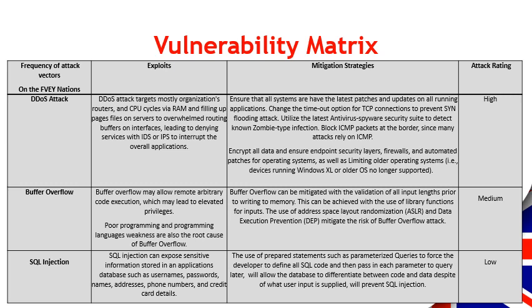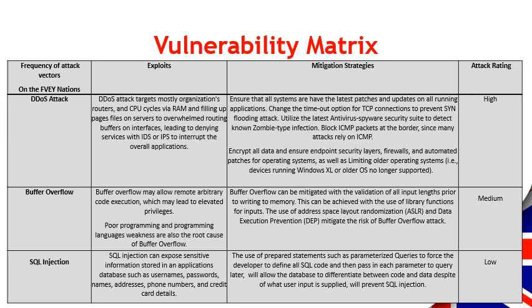The next attack is buffer overflow. Buffer overflow may allow remote, arbitrary code execution, which may lead to elevated privileges. Poor programming and programming language weaknesses are also the root cause of buffer overflow.